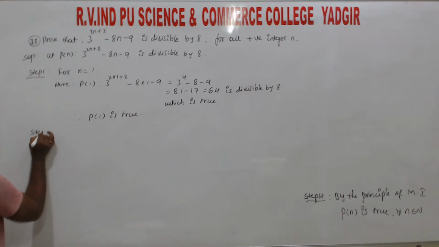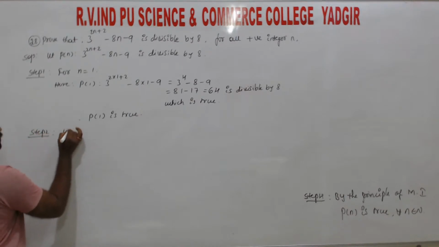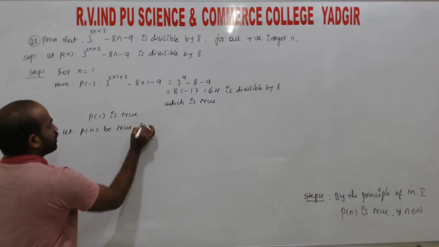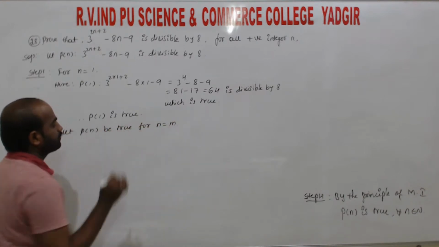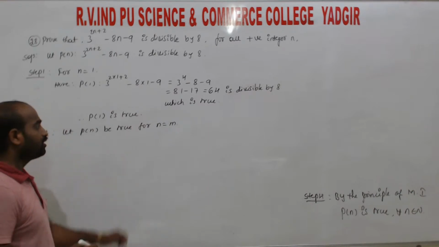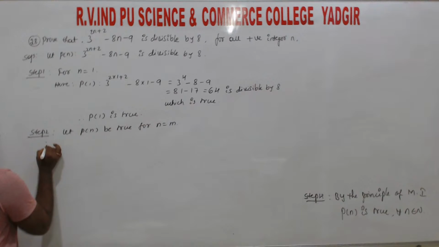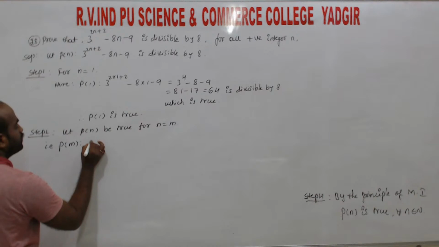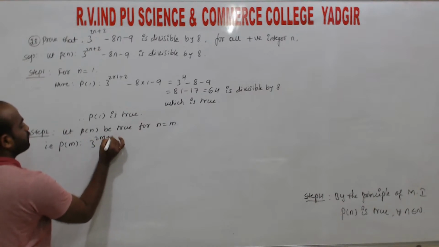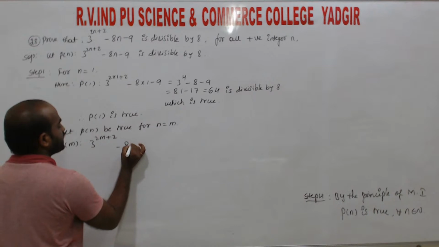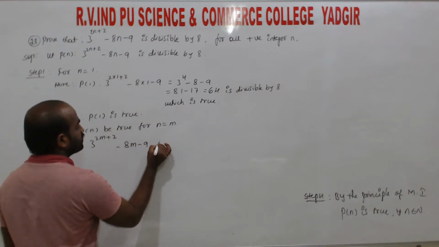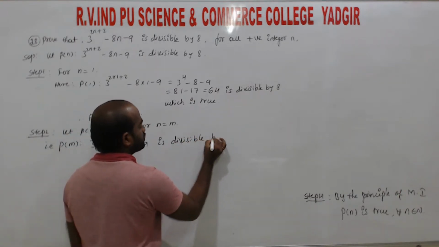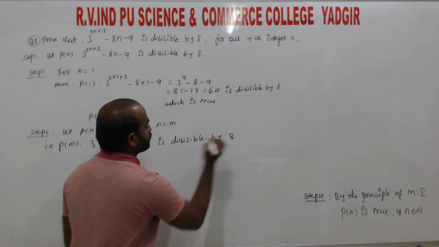Next, step 2. Let P of n be true for n equal to m. That is, P of m: 3 to the power 2m plus 2 minus 8m minus 9 is divisible by 8.